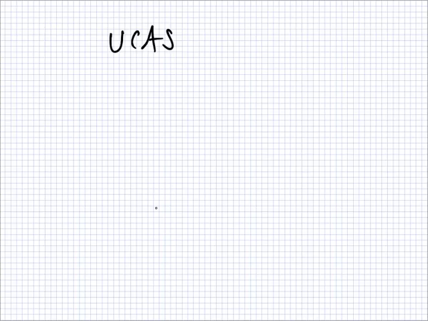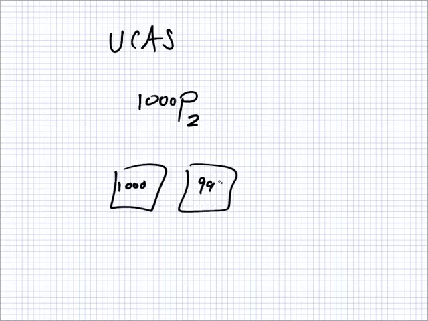1,000? Do you think it's that many? So the answer for the number of application choices is 1,000 P2. You have 1,000 first choices and 999 second choices because you don't choose the first one again, right?